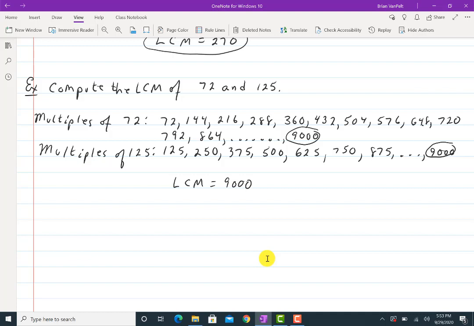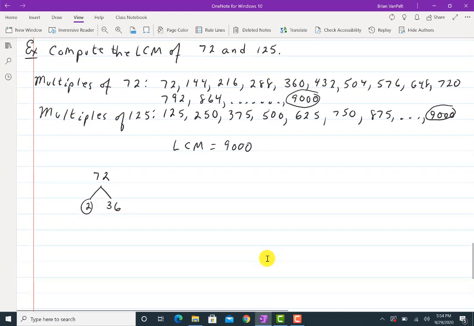So here's how we do it. Start with 72, and I'm going to make a factor tree. Now give me the smallest number that goes into 72, besides 1, of course: 2, and that also happens to be a prime number, and it goes into there 36 times. I'm going to continue. 36 is 2 times 18. 18 is 2 times 9.